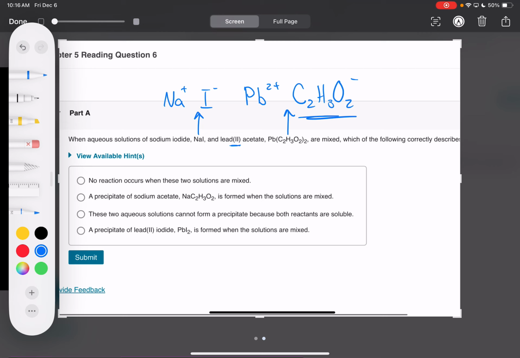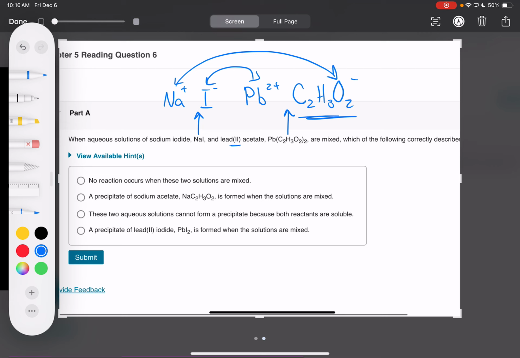Because there are 2 ionic compounds, we can assume that they are going to trade partners, and then we're going to see what is the state of each of those new compounds. So I'm going to take sodium and pair it up with acetate, and I'm going to take lead and pair it up with iodide. Okay?